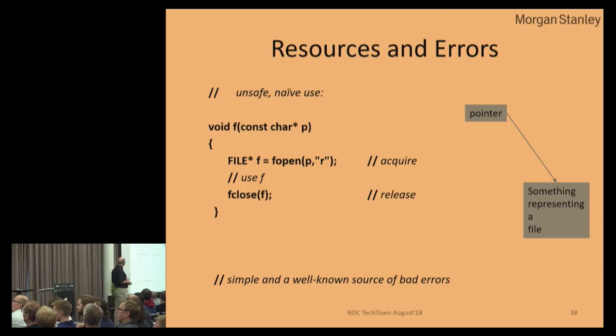We need to do better. The problem is that it just manipulates pointers, and you don't know what the pointer means. If you're the author, you may know what those pointers mean. You may know that something that comes out of F open must go back into F close. The documentation says so, but you didn't read it. Neither did the compiler, so it can't help you.